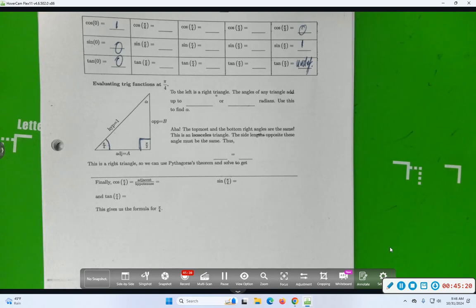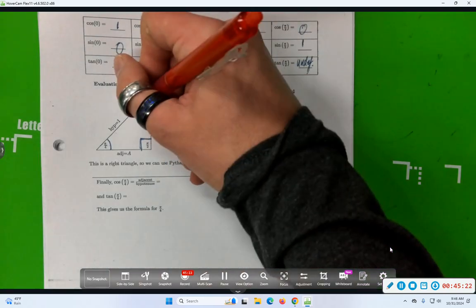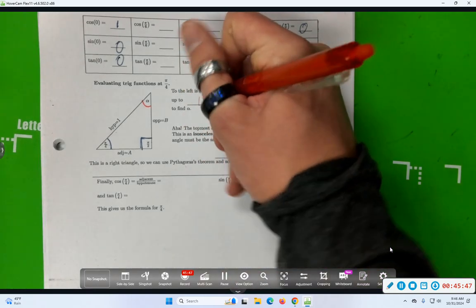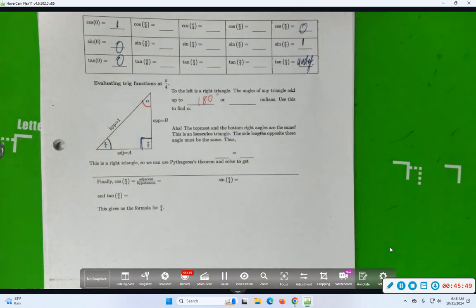And let's start with this. I bet I have enough information to figure out that angle that I've called alpha there. Because what do angles inside a triangle have to add up to? 180 degrees. I'd rather walk in radians because everything else is in radians right now. How many radians is 180 degrees?